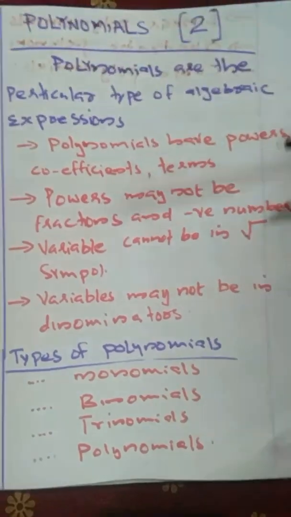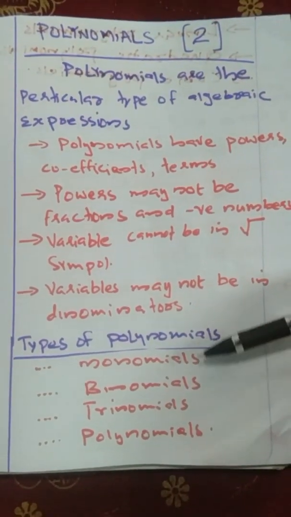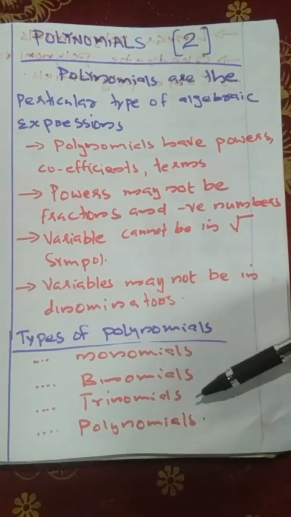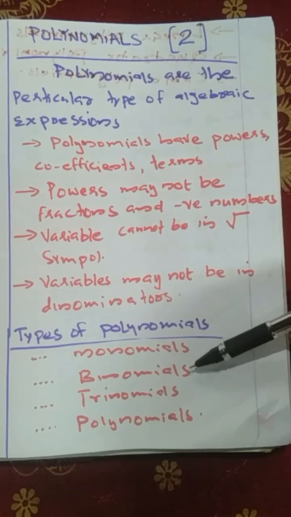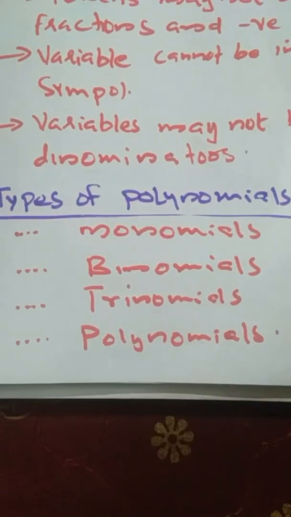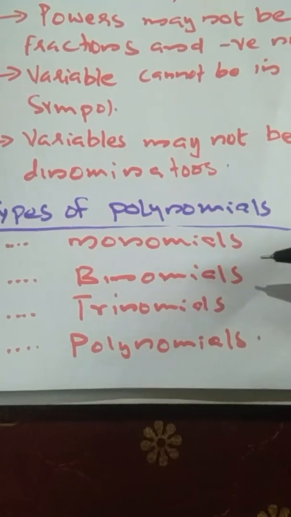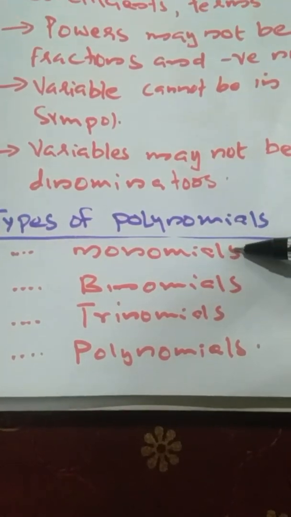We have many types of polynomials. First one, monomials. Second one, binomials. Third one, trinomials, and polynomials. We already studied these things before. Students, monomial means if a polynomial has only one term, it is called a monomial.